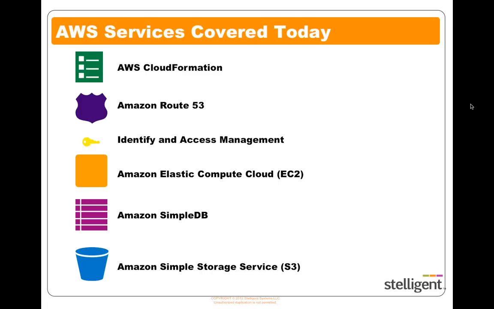Let me talk about some of the AWS services that I'll be covering today when it comes to continuous delivery. The first one is CloudFormation. CloudFormation enables you to create and delete related AWS resources together as a unit called a stack.